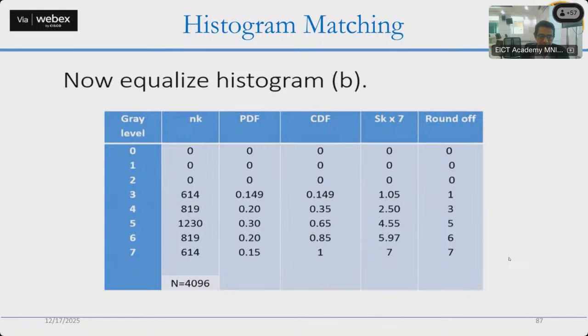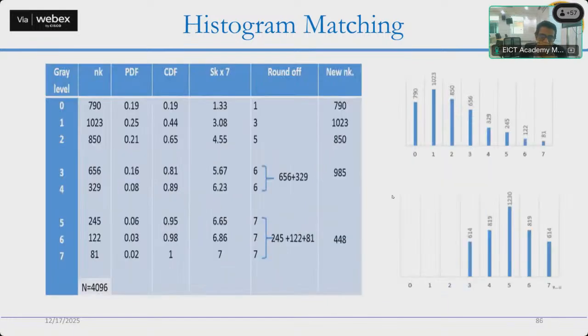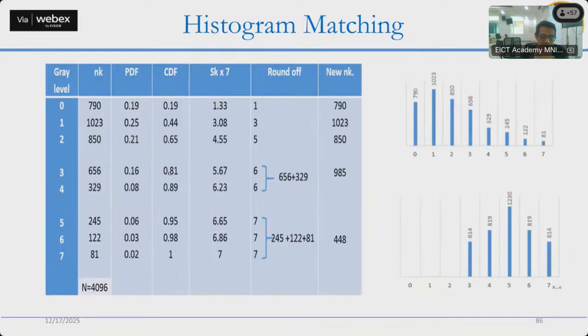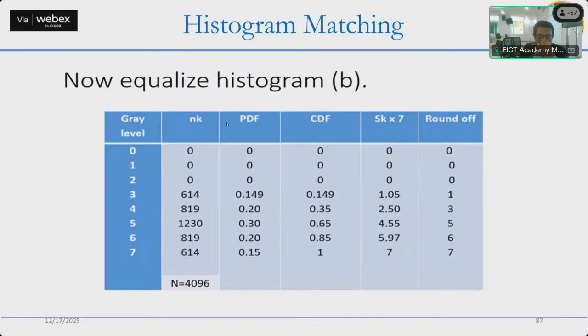So now, for example, you want to do it for this image. Now I want to equalize the histogram of image B, where the 7 levels are given and these counts are given.